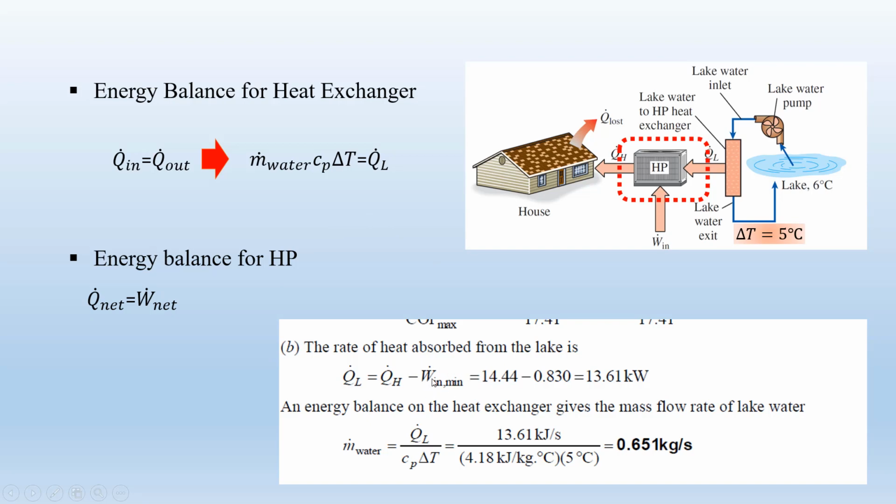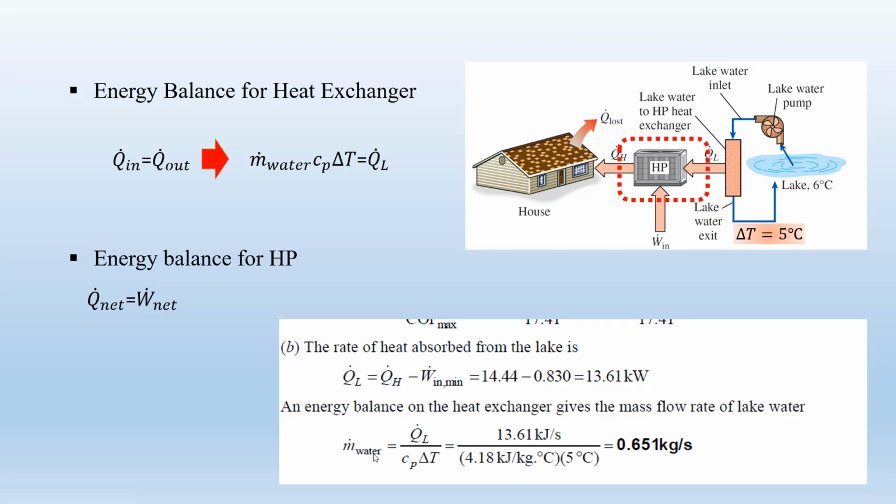We calculated the W min in the previous section. So if you substitute the W dot min here, this Q dot L will be the minimum Q dot L, correct? If you substitute the minimum Q dot L into this equation, this m dot will be minimum. Yes, this is the minimum m dot.